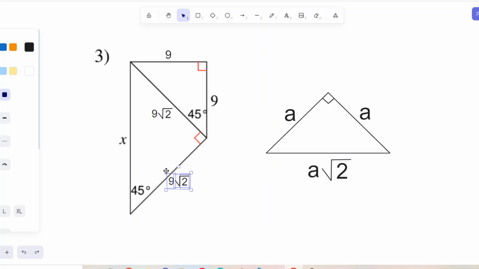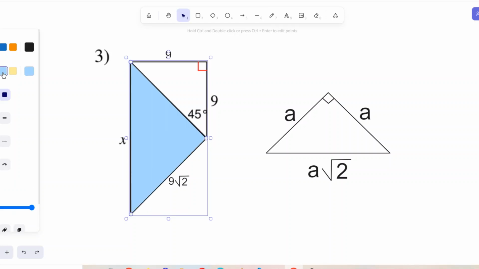So we have this, right? We have this 45, 45, 90 right triangle. So if that is 9 root 2, then this leg is 9 root 2, and then the hypotenuse would be whatever the value of the leg is.